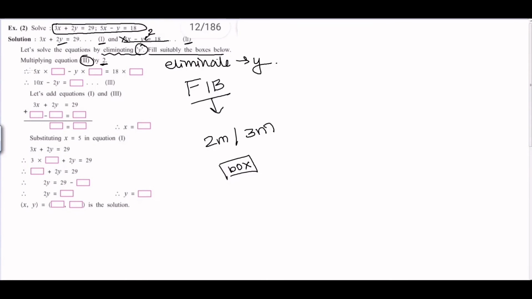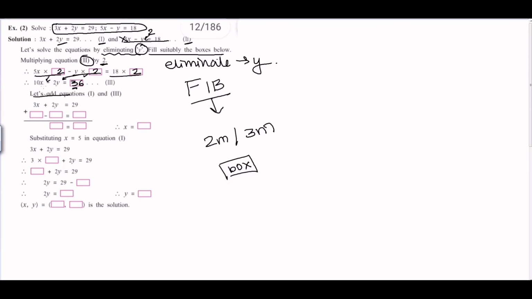So we are going to write 2 in each box because we are multiplying equation 2 by 2. So 5x into 2 will become 10x, minus y into 2 will become minus 2y, and over here 18 into 2, we have to fill the answer of 18 multiplied by 2 in this box, so it will become 36, and we have to give this as equation number 3.